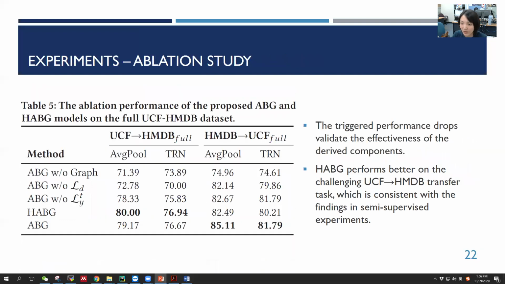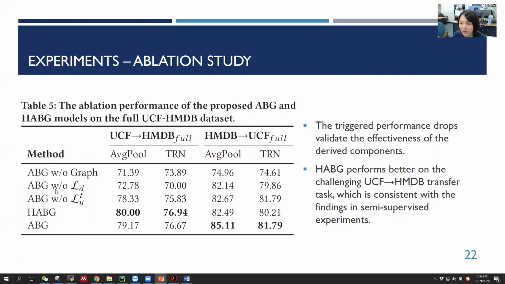To investigate the validity of the derived modules and objective functions, we compare 4 variants of ABG models on the full UCF to HMDB dataset. Removing the bipartite graph, the ABG without graph suffers a dramatic drop compared with the full model.